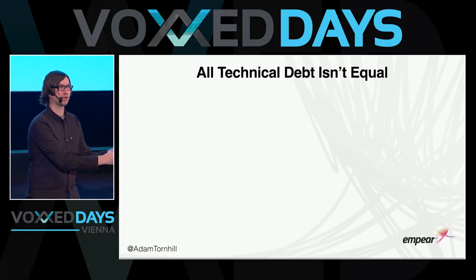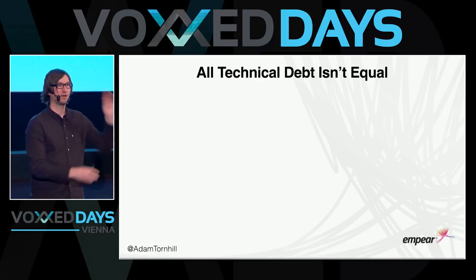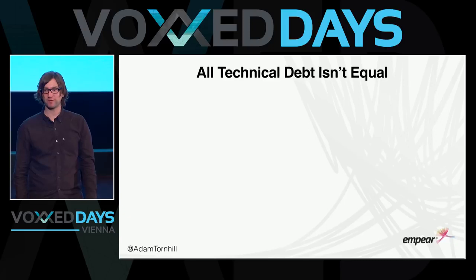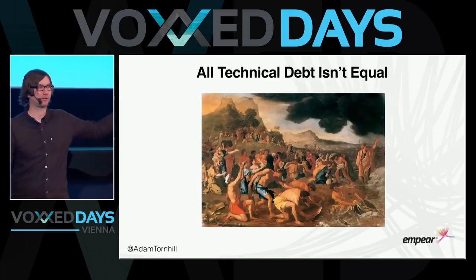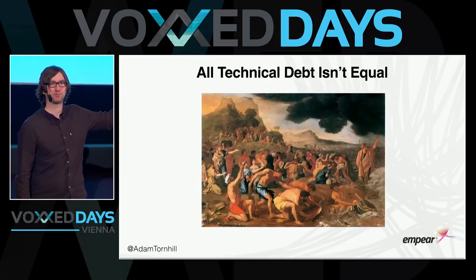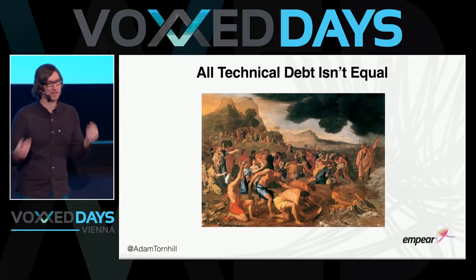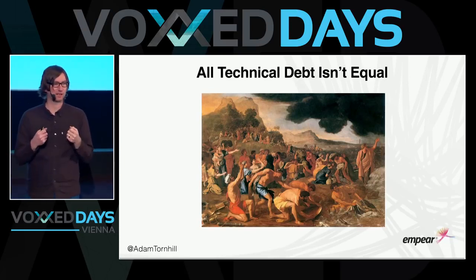And this tool reported that on your 15-year-old codebase, you have accumulated 4,000 years of technical debt. 4,000 years, right? Just to put that into perspective, 4,000 years ago, that was when Moses parted the Red Sea. So 4,000 years of technical debt, it may well be accurate, but it's not particularly helpful.